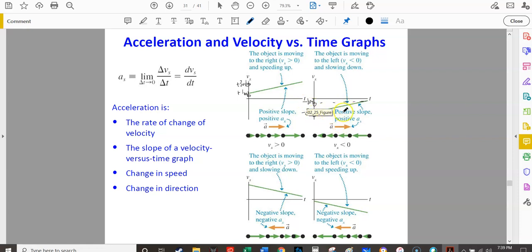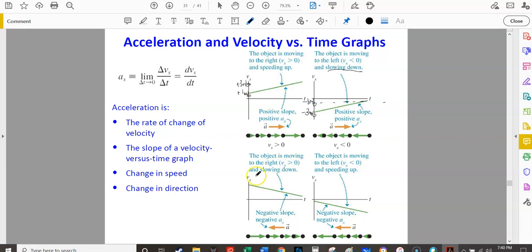Well, this is telling you that this positive slope in this velocity versus time graph is the acceleration vector. Okay. And so even though it's traveling in the negative direction, all of its velocity vectors are negative, it has a positive slope, and that is slowing down.